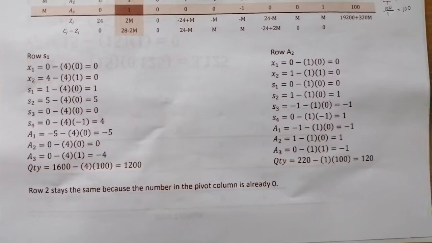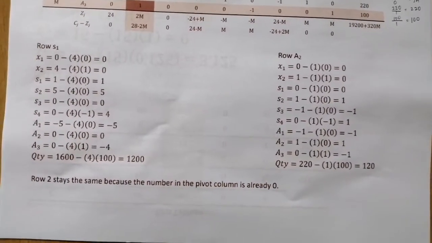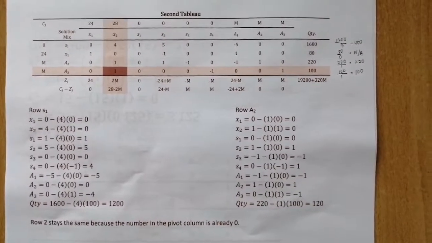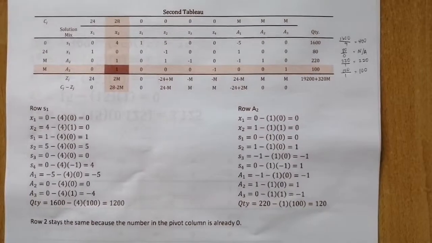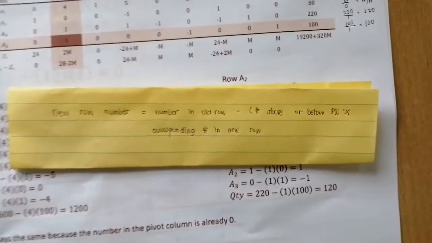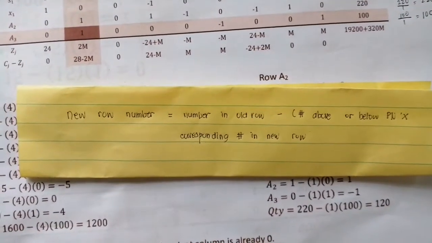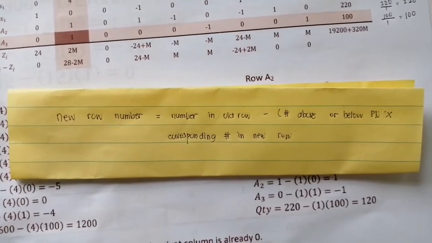Since the pivot number is 1, the new row 4 value stays the same. So performing elementary row operations on rows 1 to 3, we just use the formula used before, which is new row number equals number in old row minus the number above or below the pivot number times the corresponding number in the new row.